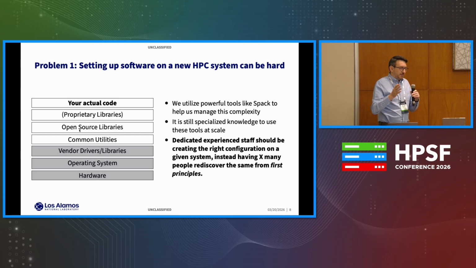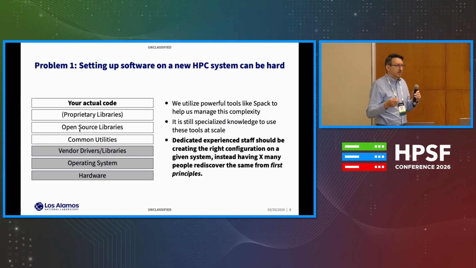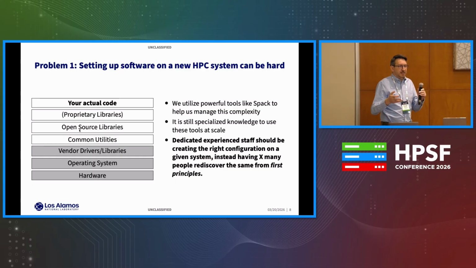Now, thankfully, we have all agreed that we use Spack for dependency management, and that has simplified this significantly. But using Spack across multiple code teams at scale is quite a challenge and requires special knowledge.